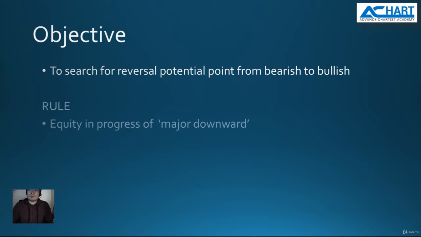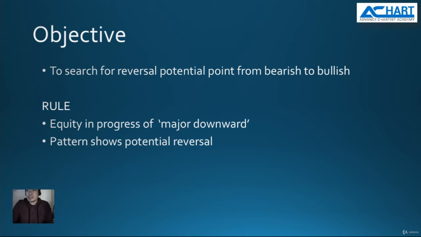And our rule for this bottom reversal pattern: the equity must be in a major downward progress, where the current trend is actually a major downtrend, and we are looking for any signs of seller weakness in the market that enable us to get entry into the position when we see the opportunity.